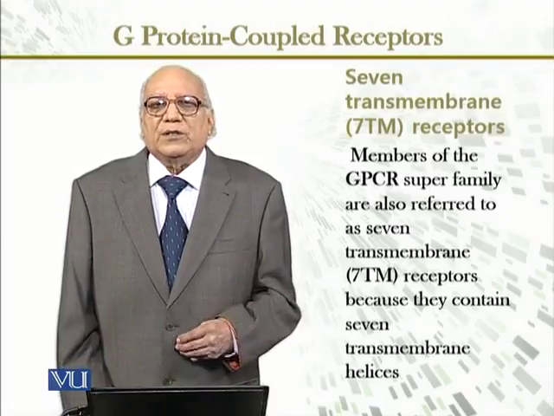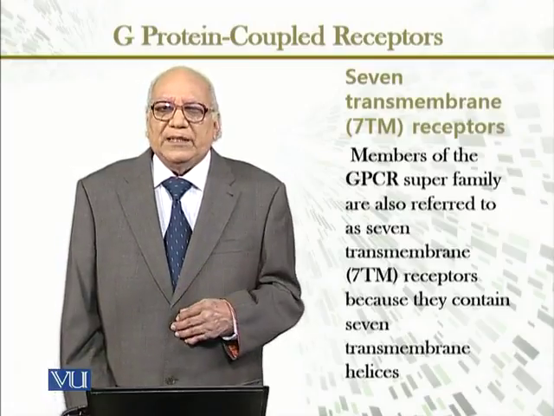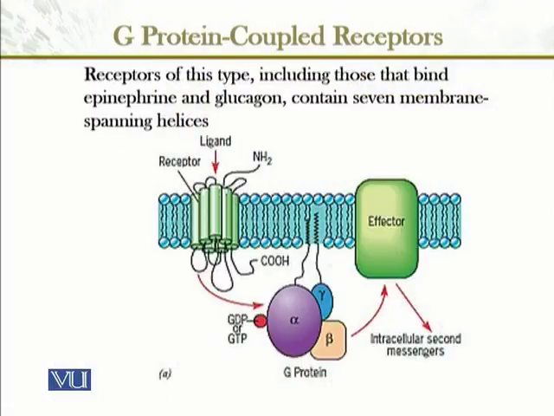The 7 transmembrane helices are present in them, and they are known as 7TM. Now, for example, in this you see there are ligands, the receptor, the amino terminus, the carboxyl group, and they go to the GTP and the G proteins, which are at the bottom in this molecule, and there is a membrane.